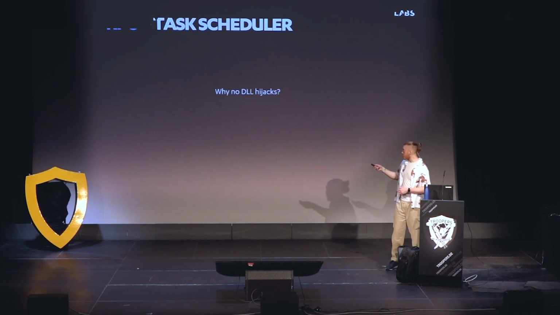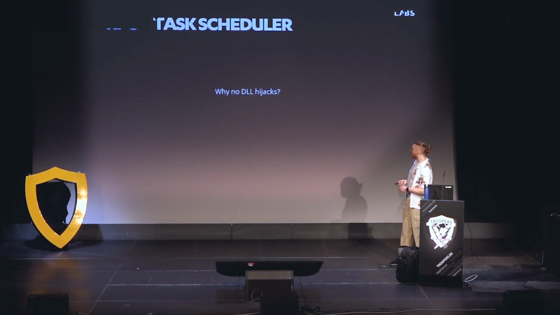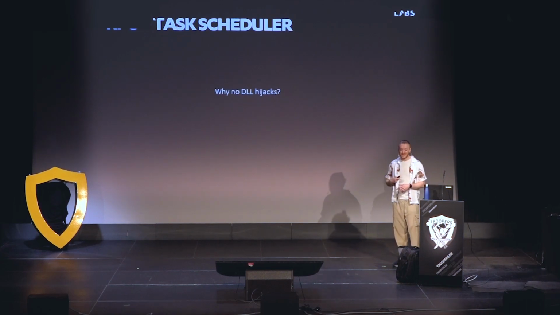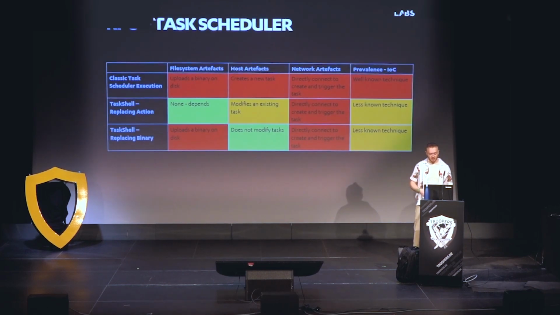So a lot of EDR products are getting pretty good at spotting abuse of DLL hijacks. If we can avoid it, I would probably stay away from it. But we're going to see another example of DLL hijacking when we talk about DCOM-based execution mechanisms.